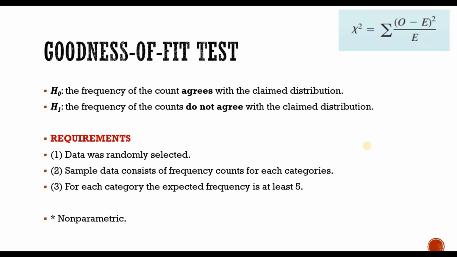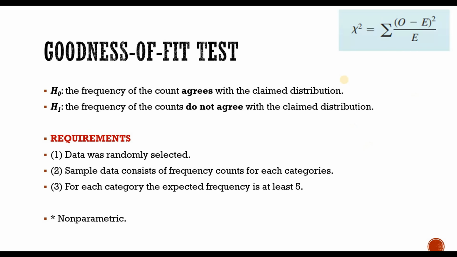So what are some of the requirements? If you're using sample data to make inference about a population, ensure that the data was randomly selected. The sample data should consist of frequency counts for each category, and for each category the expected frequency should be at least 5, to ensure that the test is stable and the results are trustworthy.